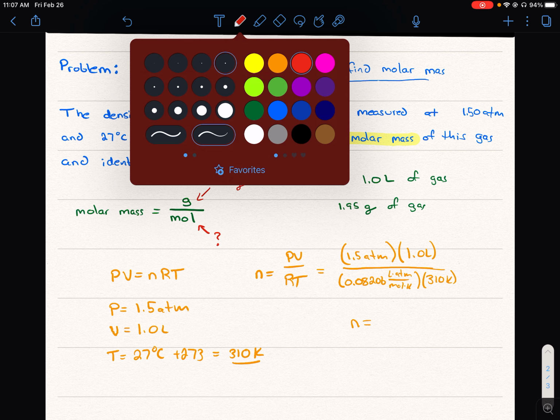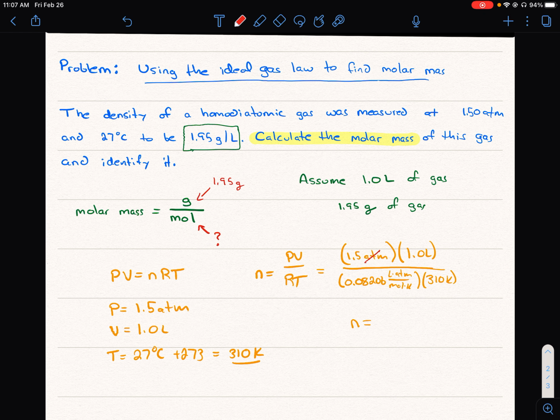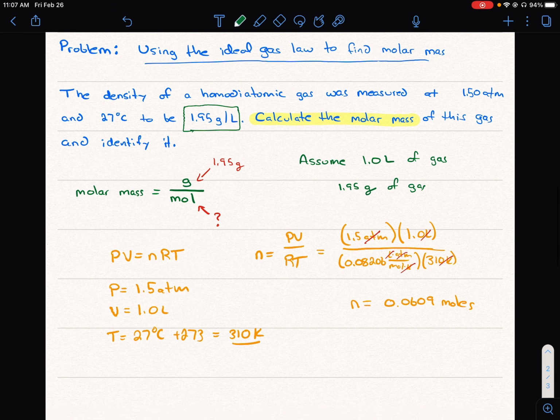Our units will cross out, always good to check units. Atmospheres cross off with atmospheres, liters cross off with liters, Kelvin cross off with Kelvin, and we're left with moles. And so we can see the number of moles we get are 0.0609 moles. Now that we have the number of moles, we can come back to this molar mass.